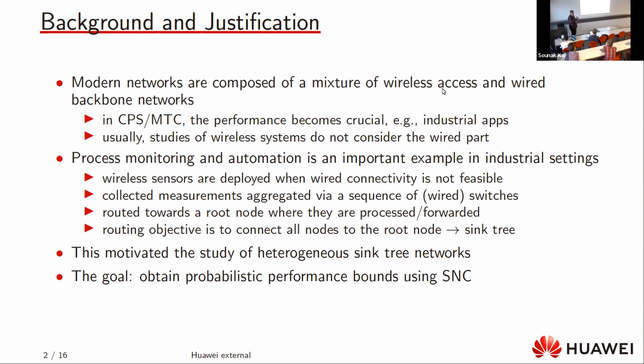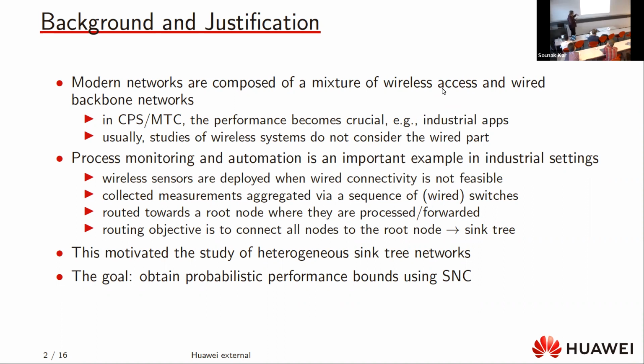That sink might itself be a processing node, or the data may be forwarded somewhere else to be processed. The function of the router in this case is to route all this information towards the sink. In this way, we basically get a sink tree.